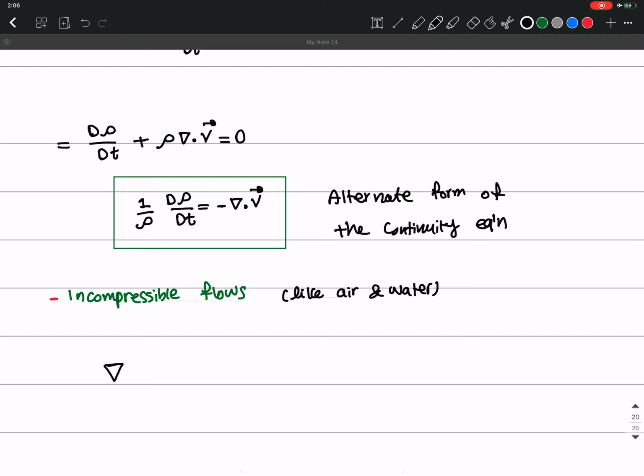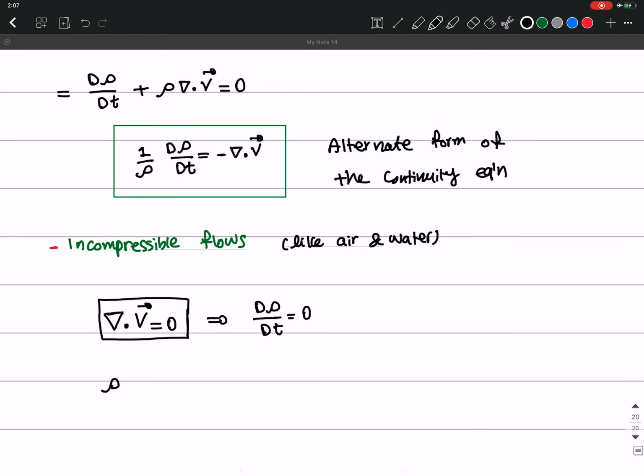We call a flow incompressible if the divergence of the velocity vector of that is equal to 0. So this means that the total derivative or material derivative of density with respect to time should be 0. This means that if you follow a fluid particle, its density has to be constant.